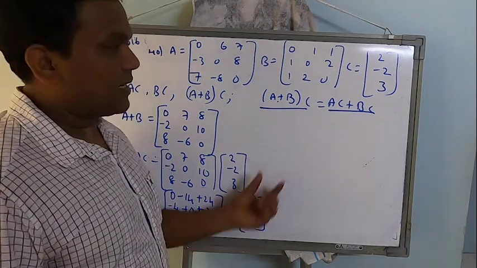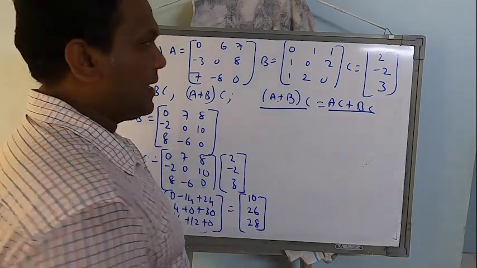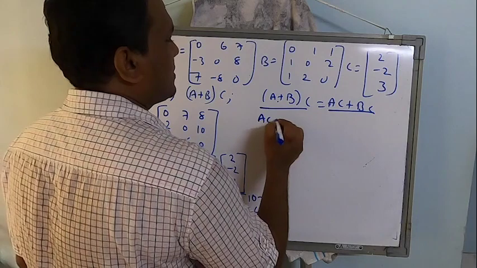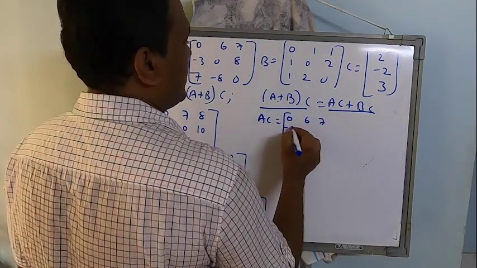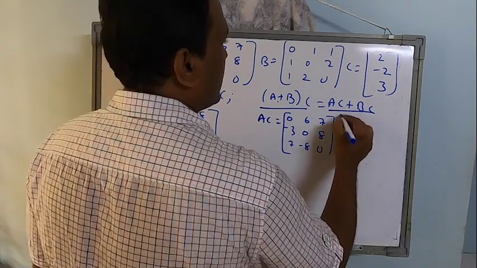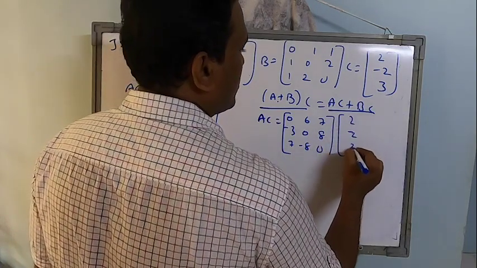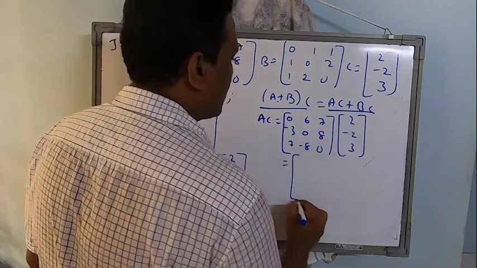I should get the same thing when I do it for the right side. So the right side starts first by multiplying A and C. So AC: [0, 6, 7; -3, 0, 8; 7, -8, 0] multiplied with [2; -2; 3]. That's fine. So let us multiply these two.